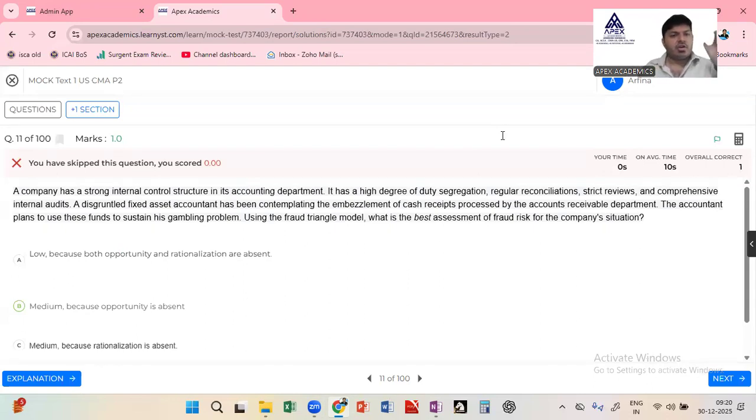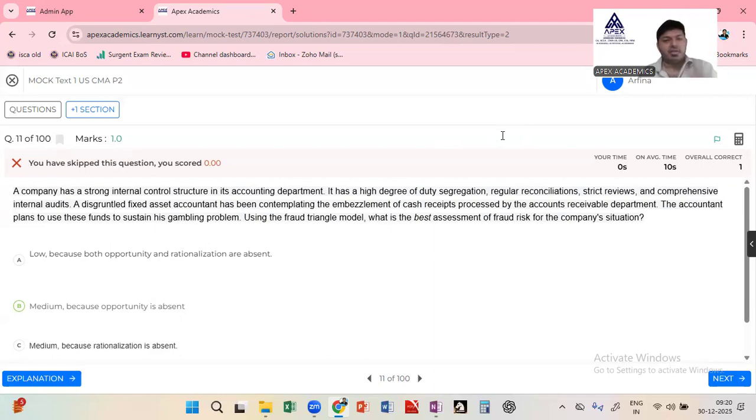A company has a strong internal control structure in its accounting department. It has a high degree of segregation, regular reconciliation, a strict review process and comprehensive internal audits. A disgruntled fixed asset accountant, unhappy with the company, has reason to be angry with the company.